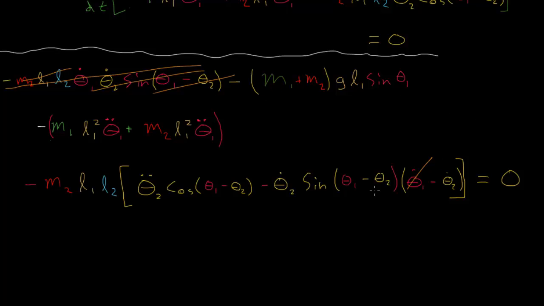So now let me rewrite this one more time in the simplest form we're going to see it. So what do we have here? m1 plus m2, right? m1 plus m2. m1 plus m2. m2. Put this in parentheses, right? There's a negative.